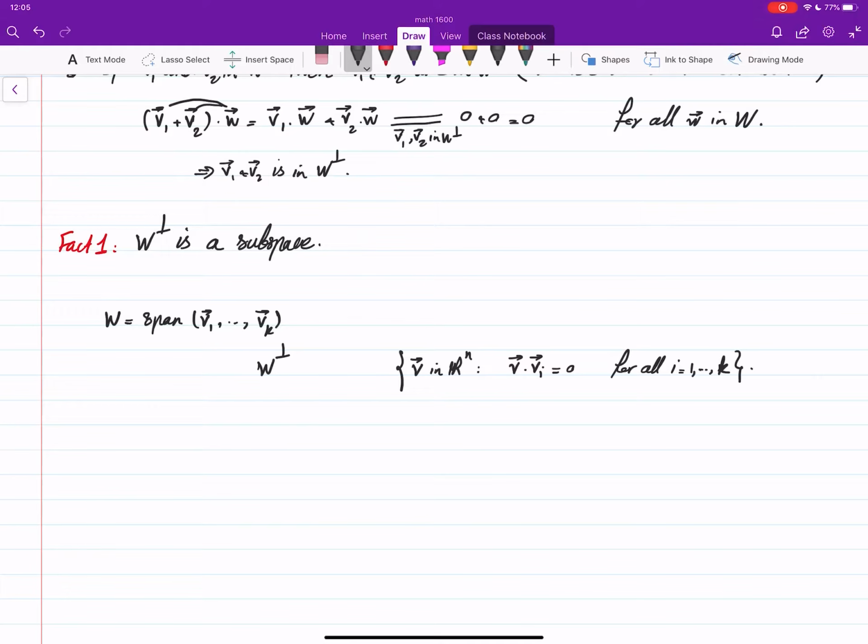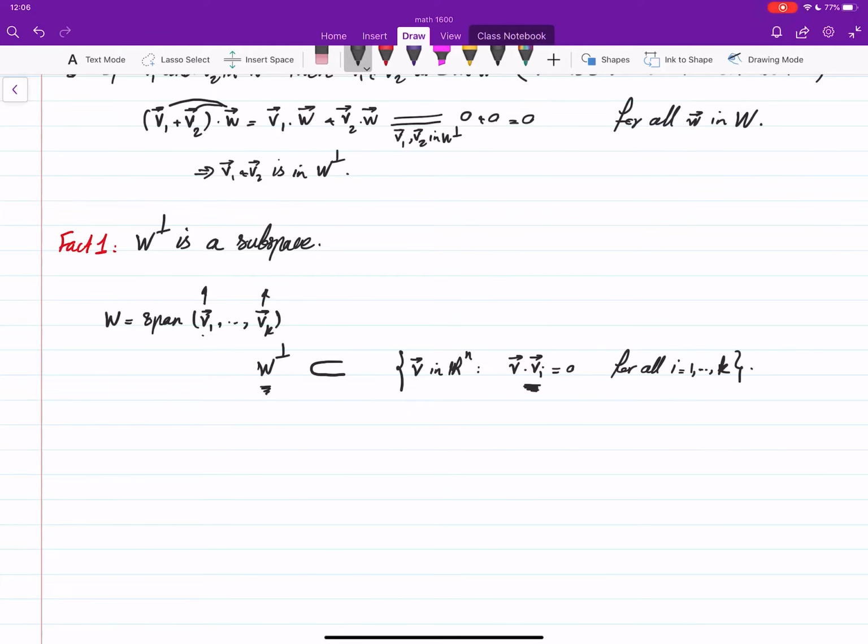So I'm not assuming it is orthogonal to all the vectors of W, but just this set of vectors that span the whole space W. Well, obviously, if a vector is here, that means that it is orthogonal to all the vectors of W, and in particular, it will be orthogonal to v1, v2, v3 up to vk, because v1 to vk are in W.